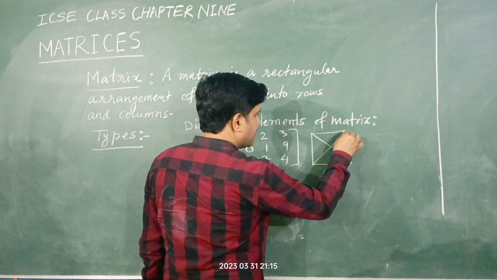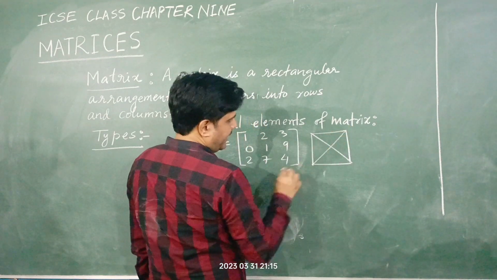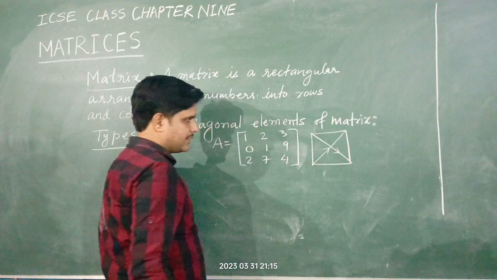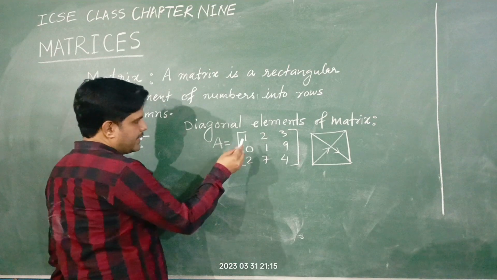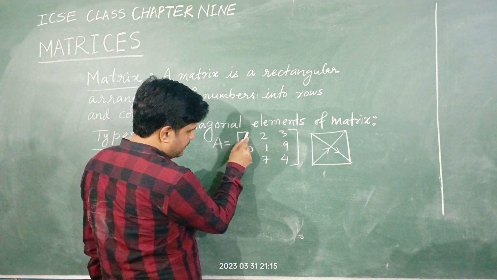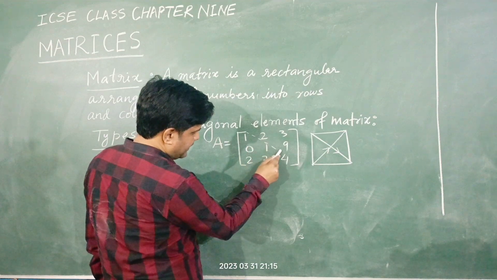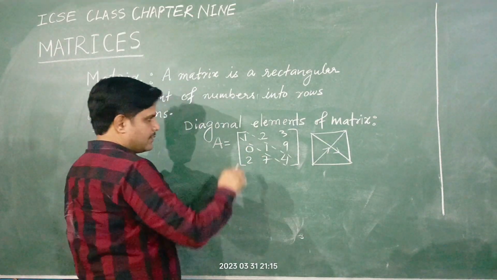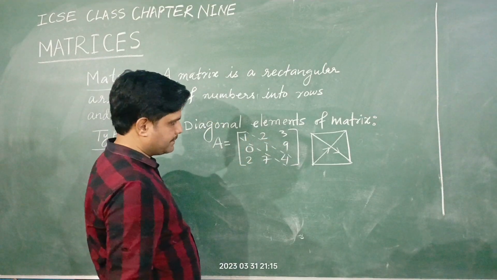These are diagonals. This is one diagonal, this is another diagonal. In a matrix also, if I make a line here like this, you can clearly see this is a diagonal.